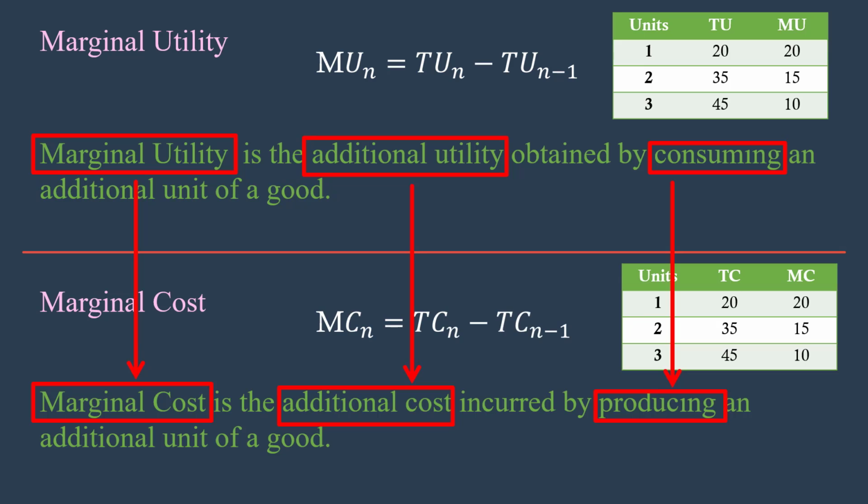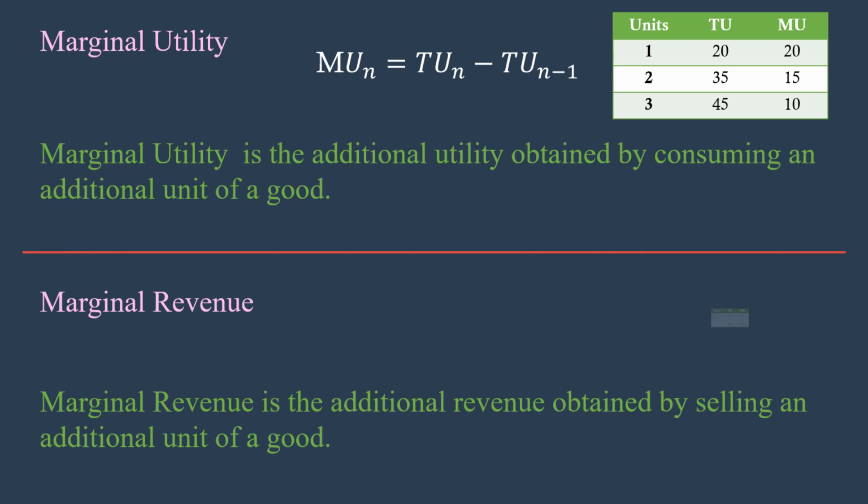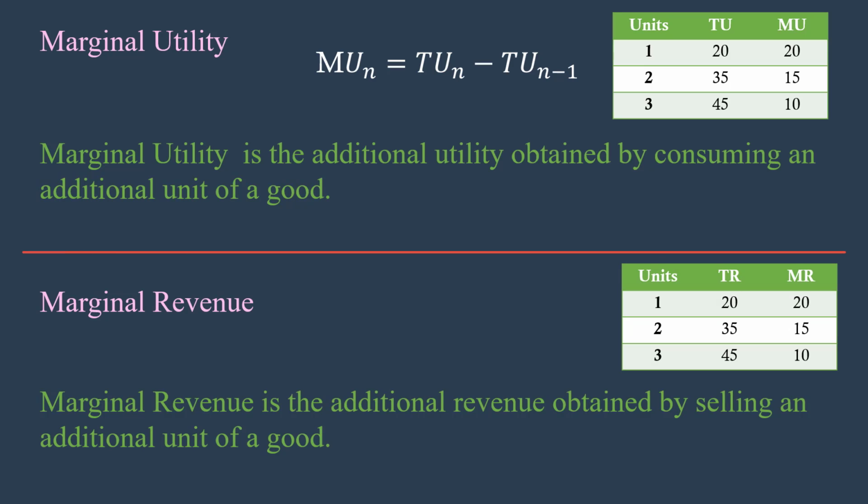We shall develop the definition of marginal revenue. Let us have the definitions of marginal utility and marginal revenue. Marginal utility is the additional utility obtained by consuming an additional unit of a good. Marginal revenue is the additional revenue obtained by selling an additional unit of a good. Look for the changes we have made in the definition of marginal revenue.